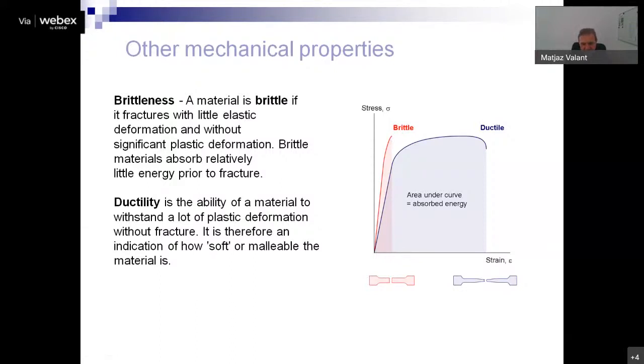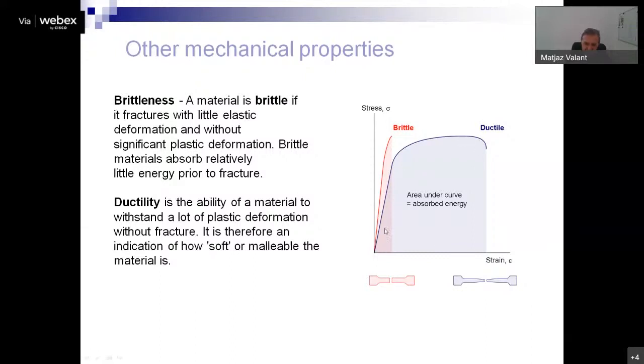The other type is ductile material. Ductile material can be deformed plastically very much. So they can really absorb a lot of energy before they fracture. You see, the amount of energy they can absorb is equal to the area below the curve, the tensile curve.